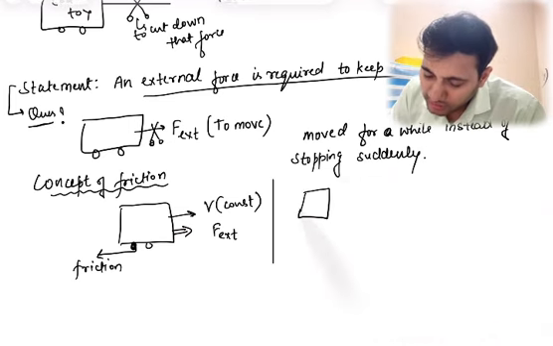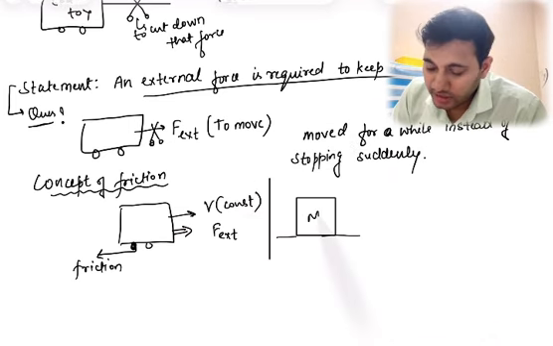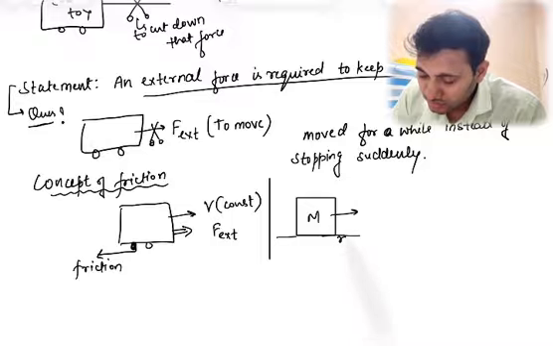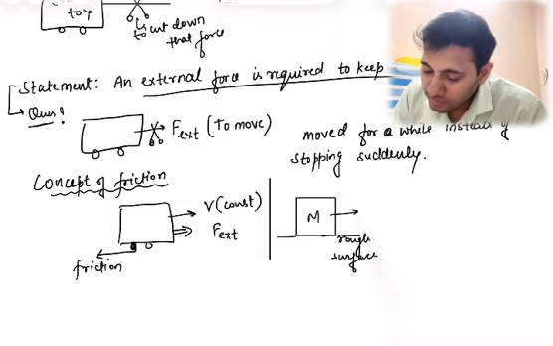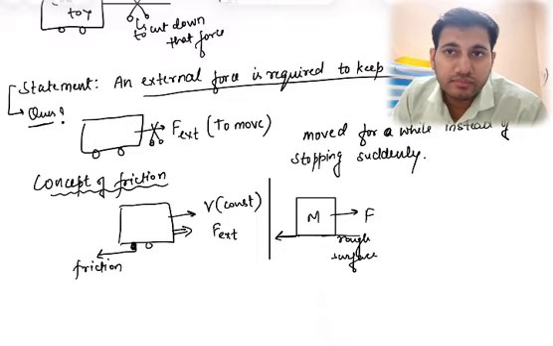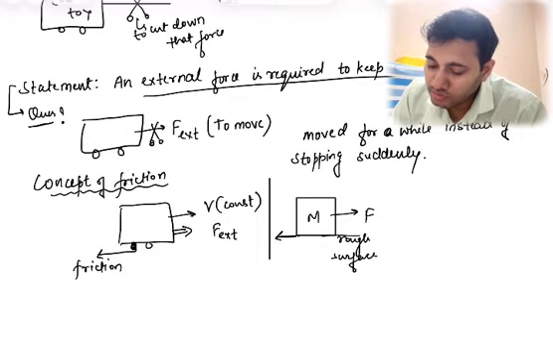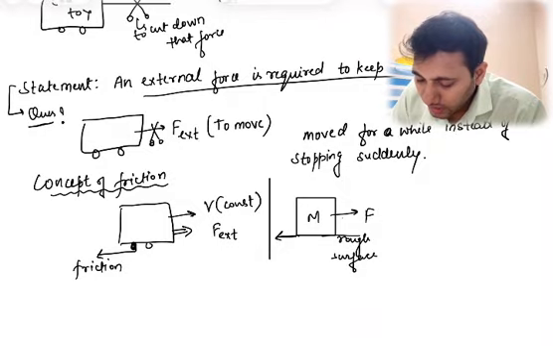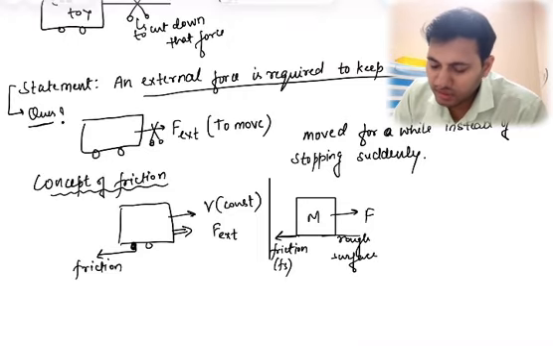Let's suppose there is an object of mass m at rest on a rough surface, and an external force F is applied. Then we all know that the friction force will try to oppose the relative motion, or the object moving forward, and the friction force will be applied in the backward direction. We write friction force as Fs.